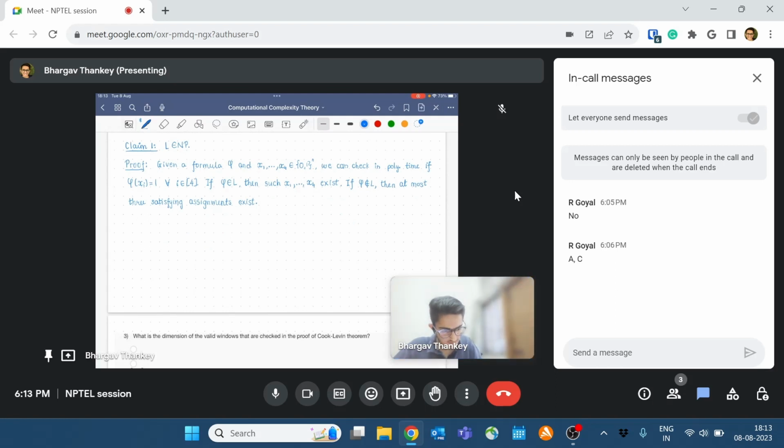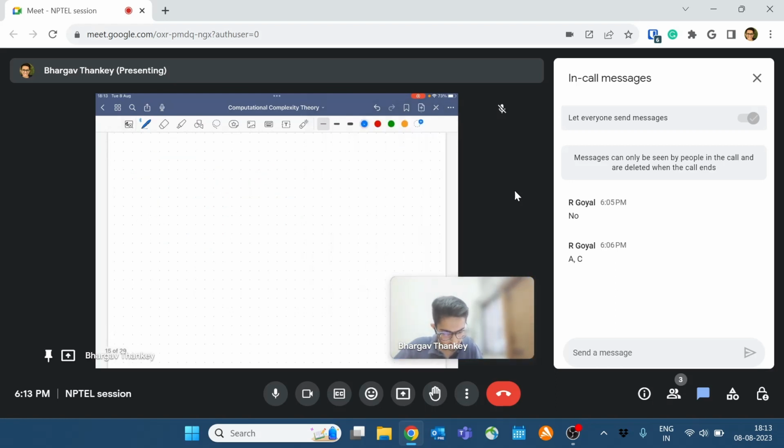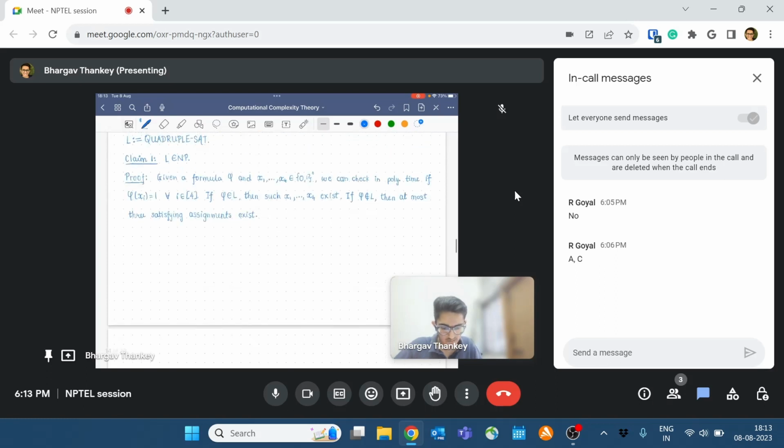Is it necessary to show this for phi that is not an element of the language? There are at most three satisfying assignments. Do we really need to write this explicitly for the no instances as well? Suppose that phi were not in L, but your algorithm still accepted phi, comma x1 to x4 for some x1 to x4.